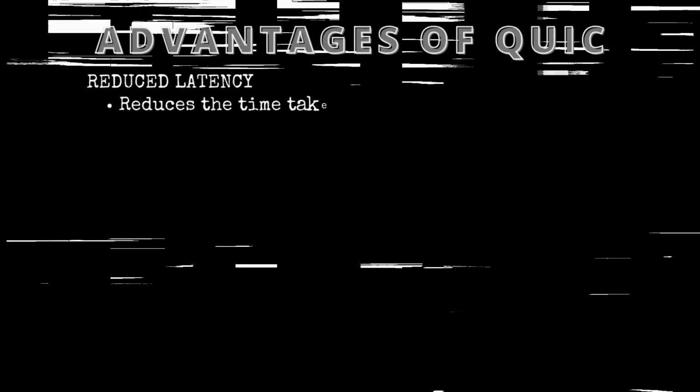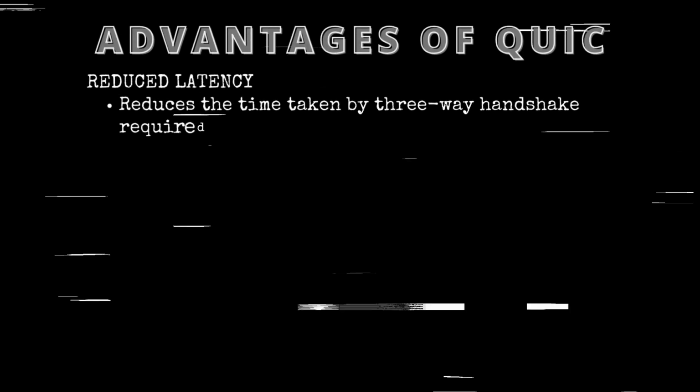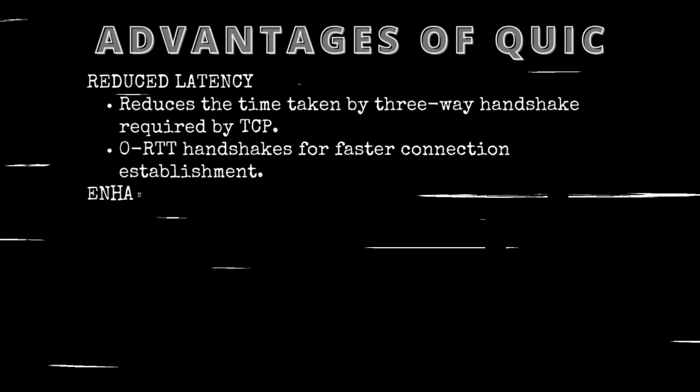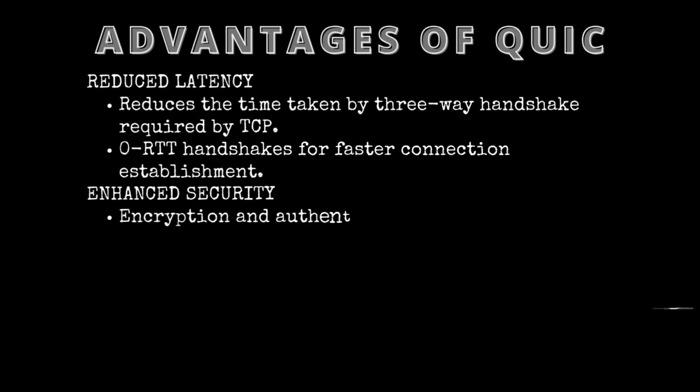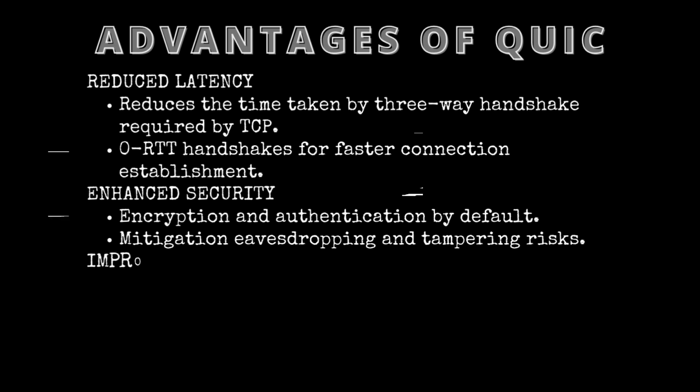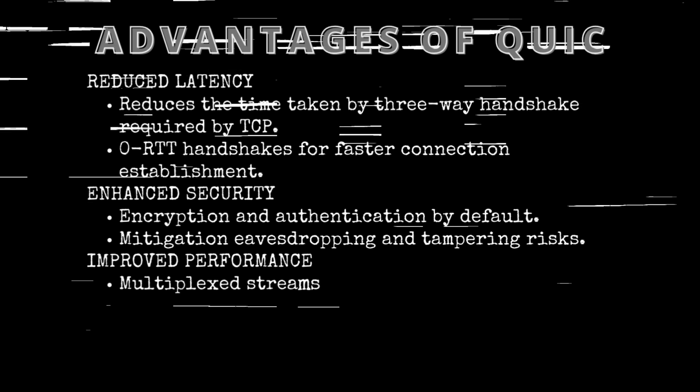Further, QUIC offers several significant advantages over traditional transport layer protocols like TCP. One of its primary strengths lies in its ability to reduce latency by reducing the time taken by the three-way handshake as required by TCP.